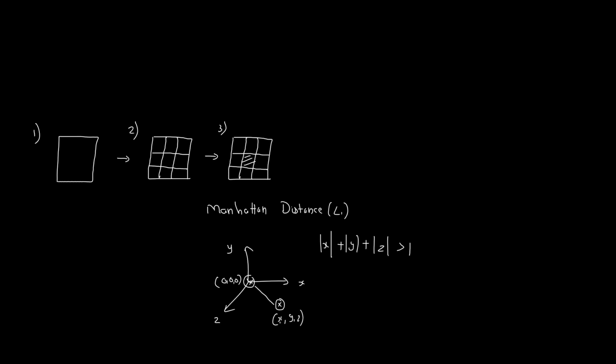Based on the values x, y, z, we check whether they satisfy this condition or not. If the condition is satisfied, that cube will remain. If a cube does not satisfy this condition, that cube will be removed.